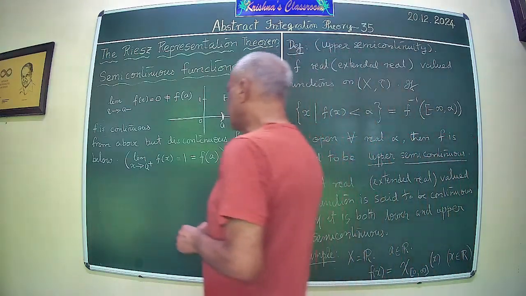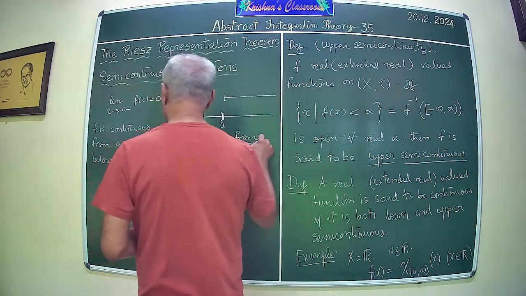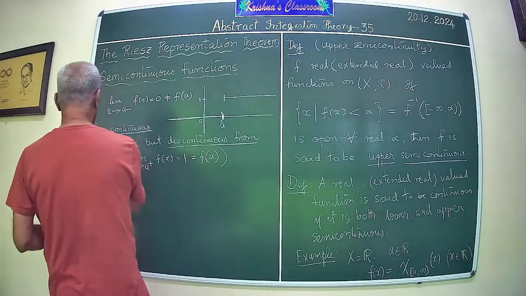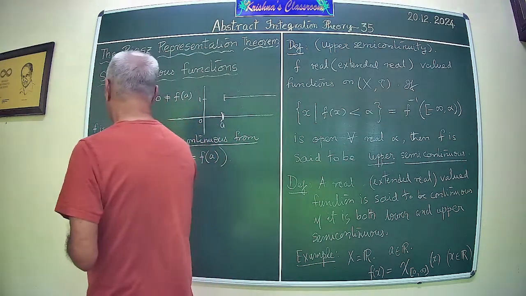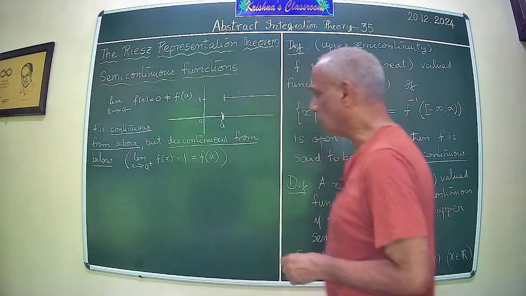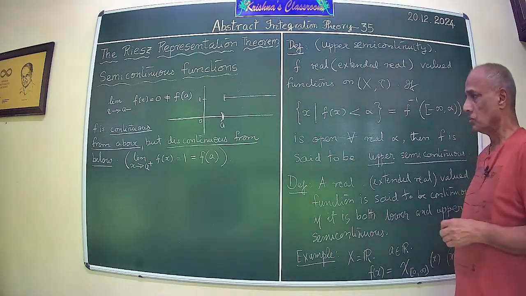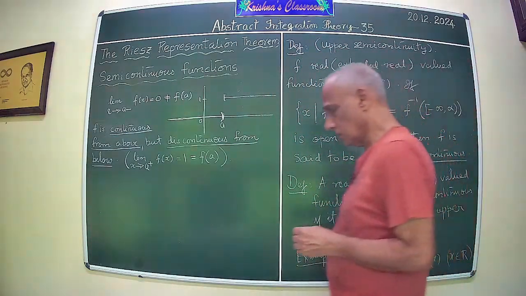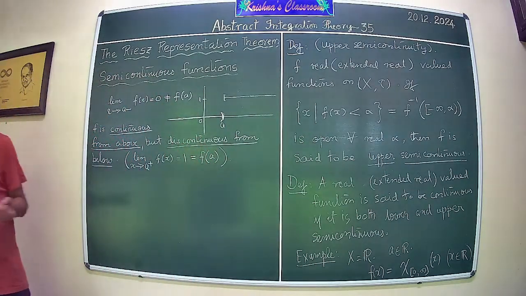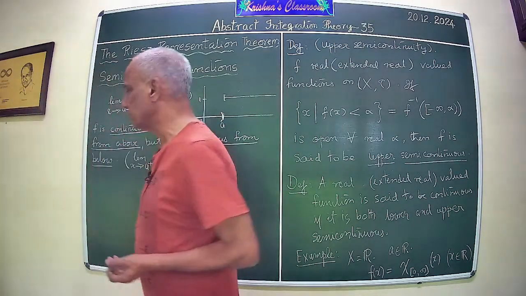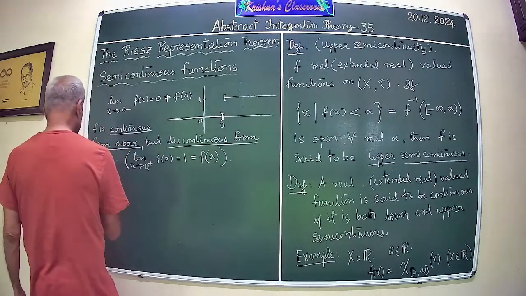So it is discontinuous from below, but continuous from above. This is the situation. So you call it upper semicontinuous, or in other words, f is upper semicontinuous.